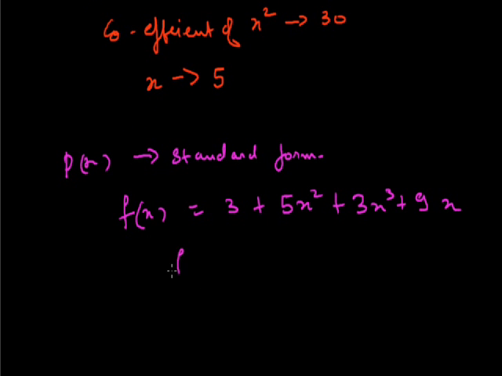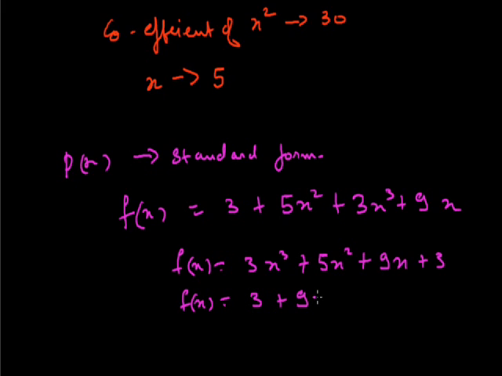That is, f(x) equals 3x cube plus 5x square plus 9x plus 3, or f(x) equals 3 plus 9x plus 5x square plus 3x cube. Both of these are the standard form of the given polynomial.